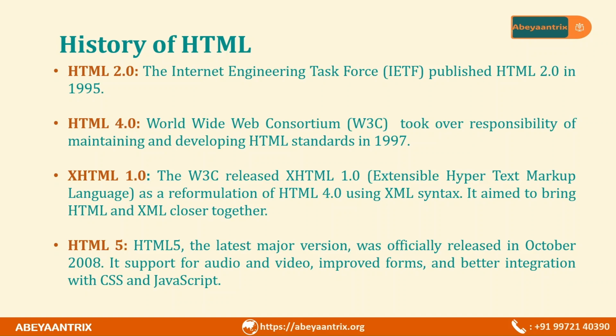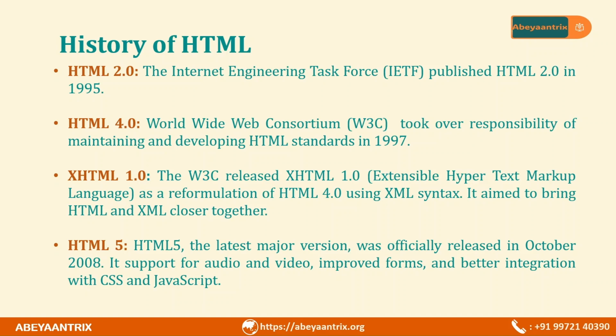This was revolutionary because it added native support for audio and video, no more Flash Player needed, improved forms with new input types, better navigation, better interaction with CSS styling, and stronger JavaScript support for interactivity. HTML5 is what powers modern websites, mobile apps, and even web games. So presently we are using HTML5.